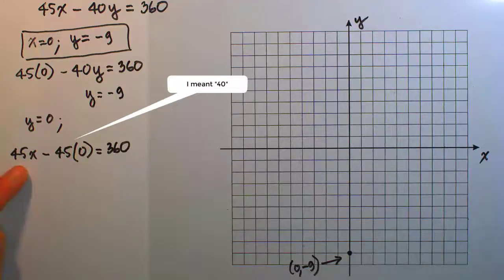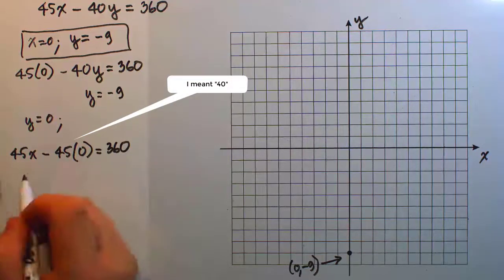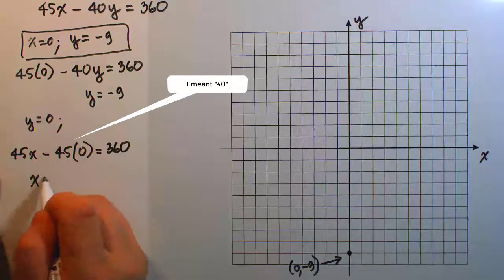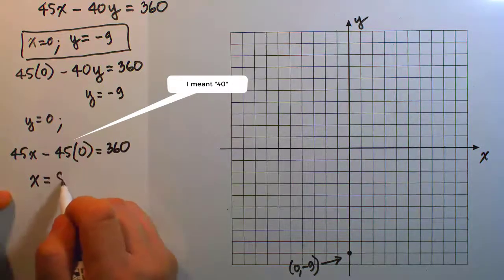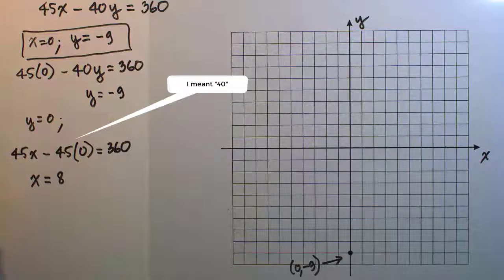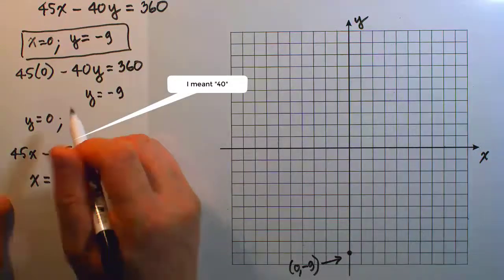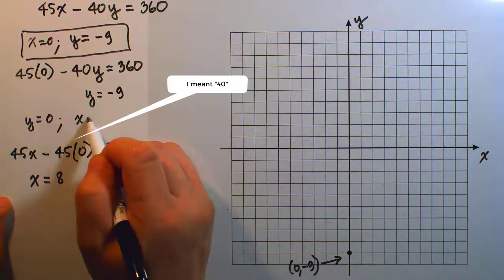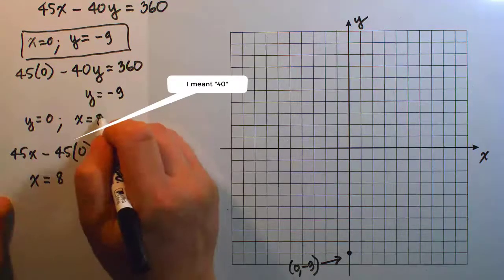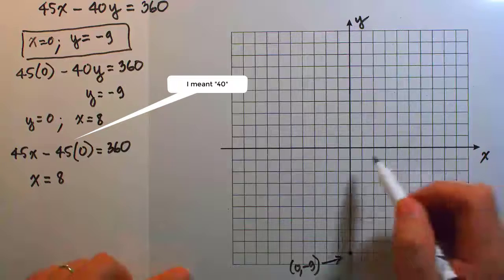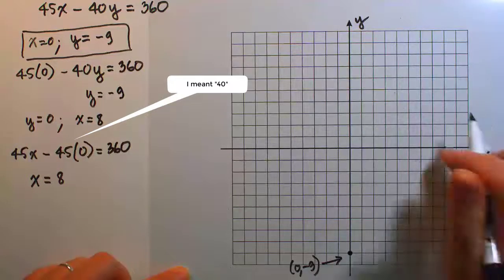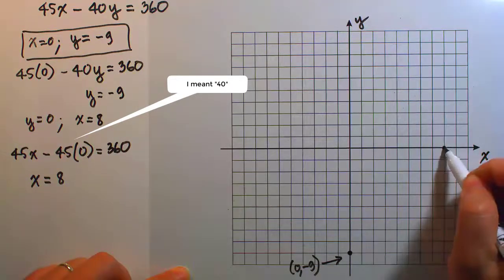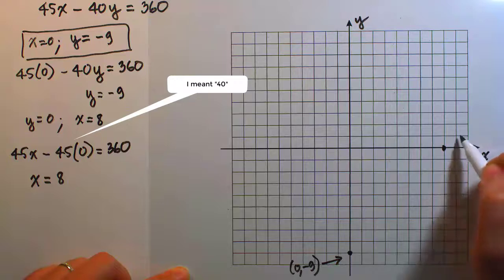So this equation algebraically produced for us x equals 8. And so, meaning we have another intercept here on the x-axis, being y equals 0 and x equals 8. So 8 comma 0 is right here, this point.